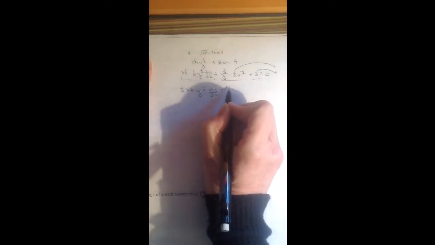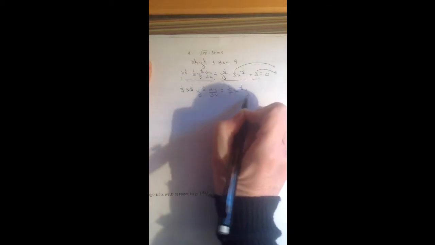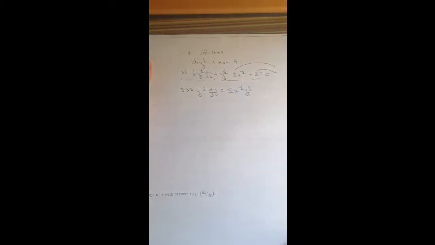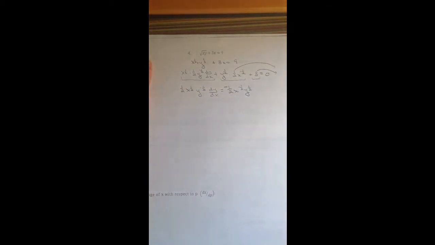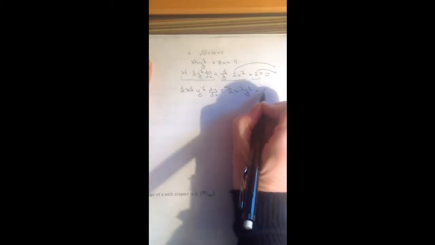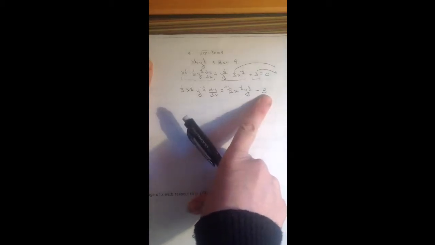So I just changed the order a little bit on that term. And I'm going to stick the other one, again putting the 1/2 first and the x next and the y third. 1/2 x to the negative 1/2 y to the 1/2. And that will be negative on the other side, and so will the 3. So I end up with my term with the dy dx on the left and the other two terms on the right.